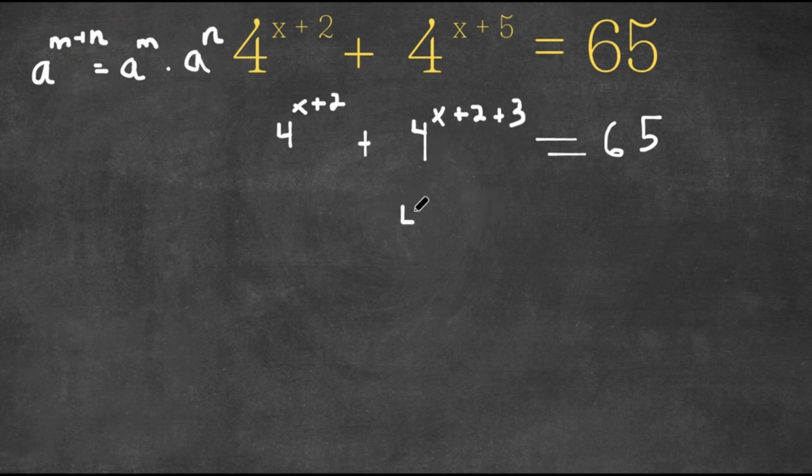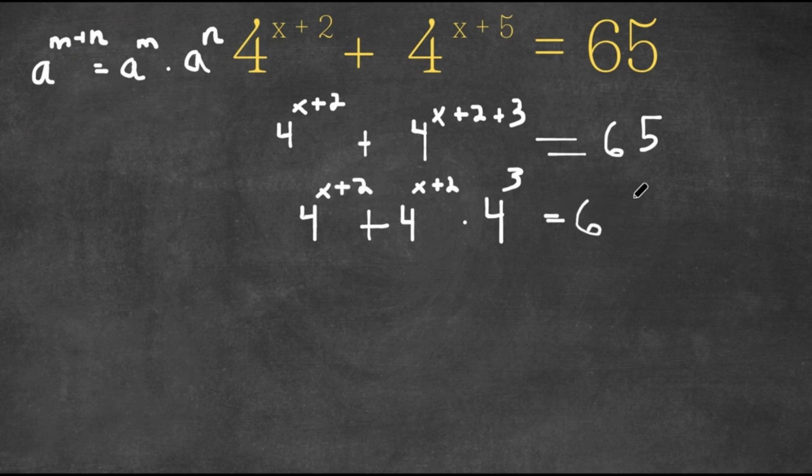This is also equal to 4 to the power of x plus 2 times 4 to the power of 3. And this is equal to 65.